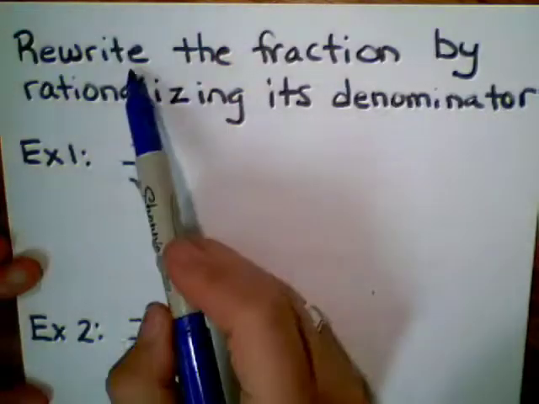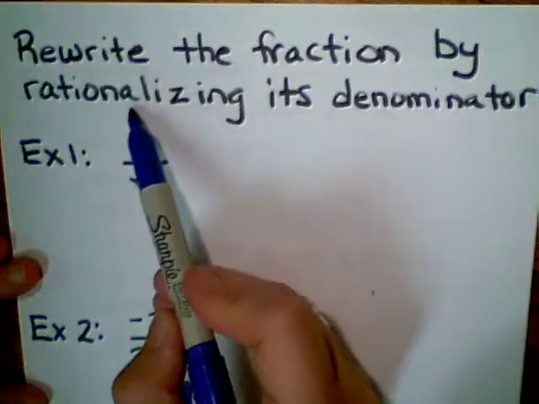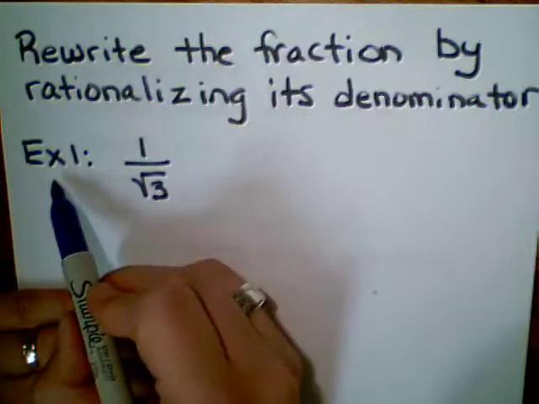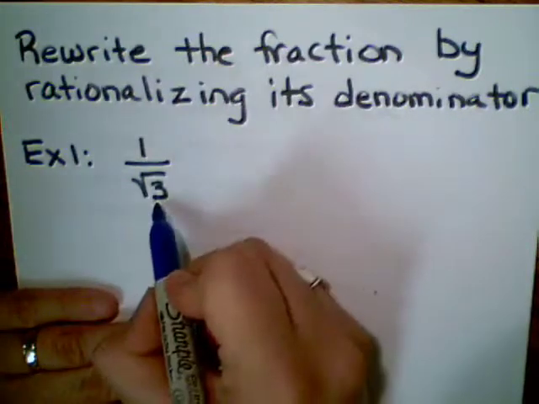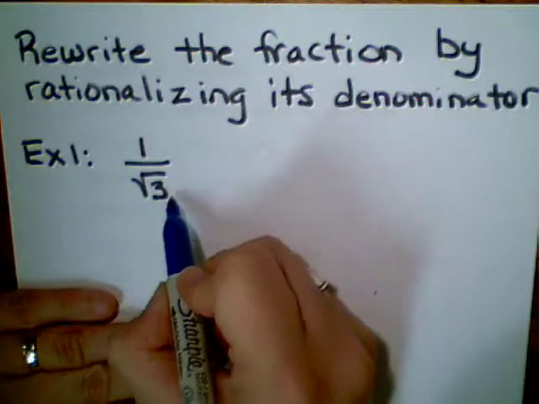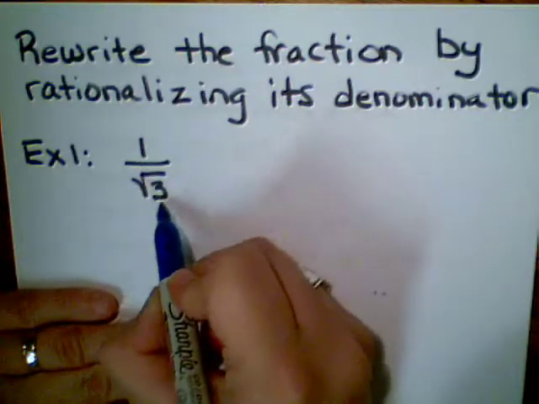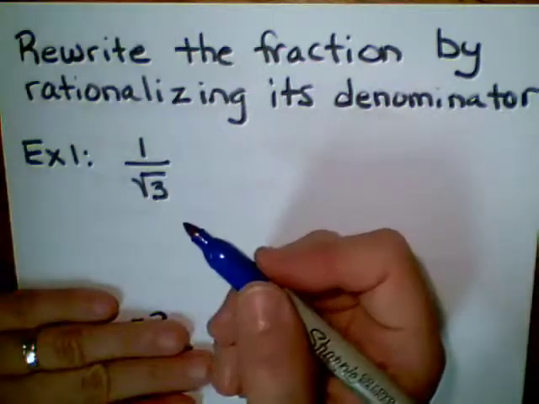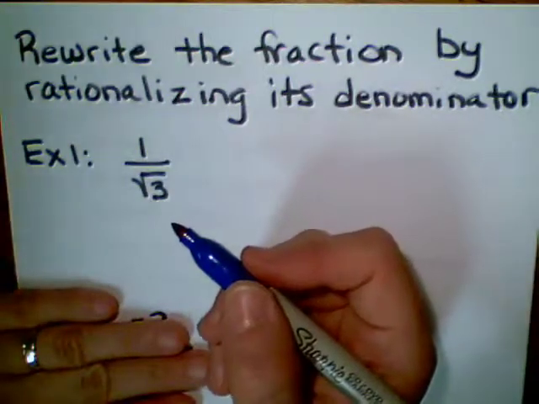Okay. We're going to rewrite the fraction by rationalizing its denominator. For example, in example 1, we see that we have the ratio 1 over the square root of 3, and this quantity in the denominator is irrational, and so there might be a context where we want to rewrite it and not have a square root in the denominator.